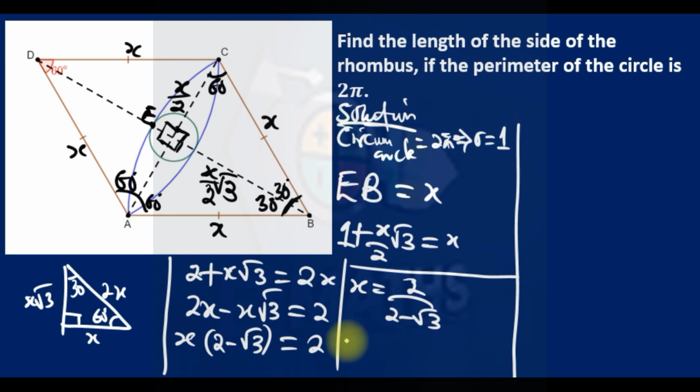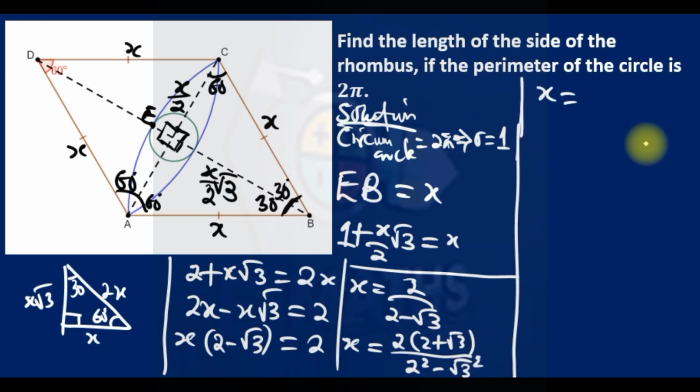So we'll rationalize by multiplying by the conjugate, which is 2 times 2 plus root 3. This will turn to a difference of squares: 2 squared minus root 3 squared. So x is equal to 2 squared is 4 minus 3, so we are left with 2 times 2 plus root 3, which is 4 plus 2 root 3.